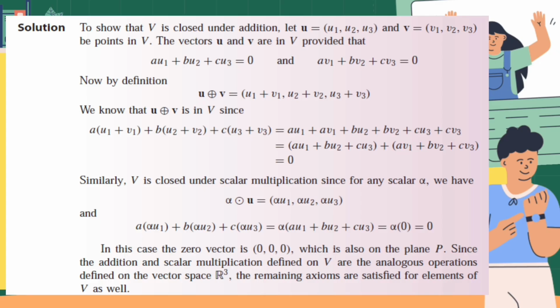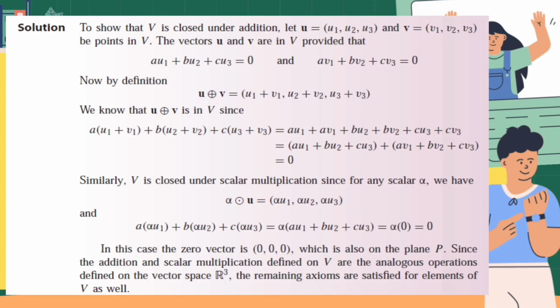We know that u plus v is in V since a times (u1 plus v1) plus b times (u2 plus v2) plus c times (u3 plus v3), and then simplify.